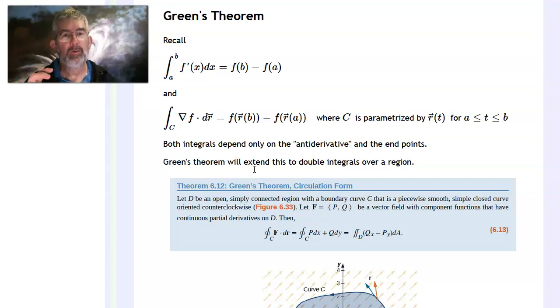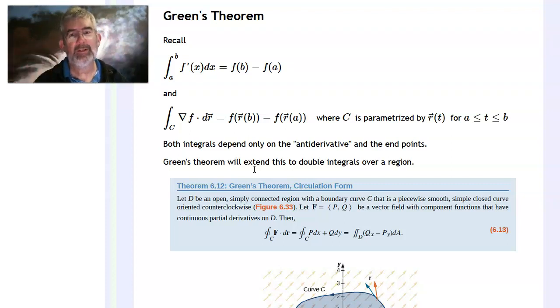In Calc 2, when you're integrating, did I say Calc 1? It's Calc 2, right? When you're integrating this function over the interval from a to b, there's a piece of the x-axis that you're integrating over, and the endpoints are the boundary between the interval that you want and all the stuff you don't want, right?